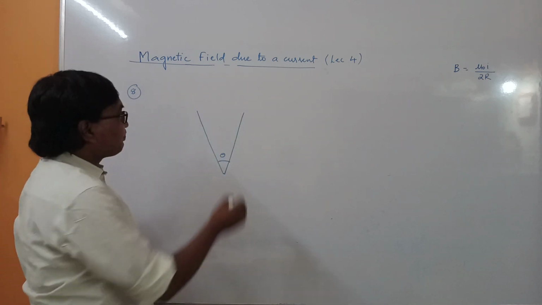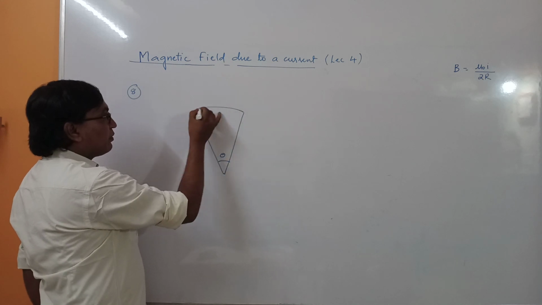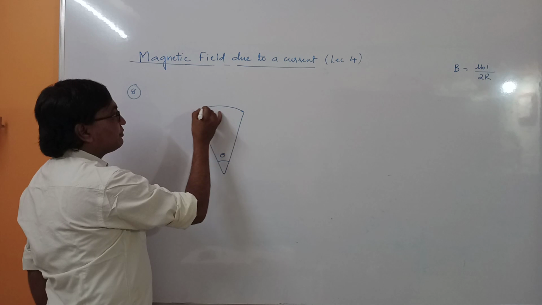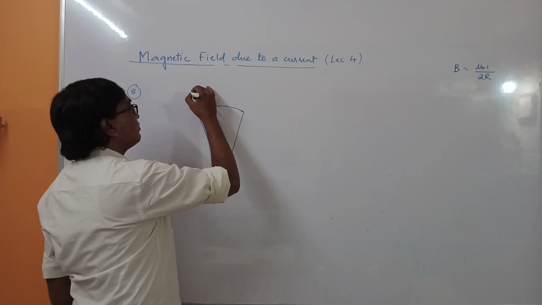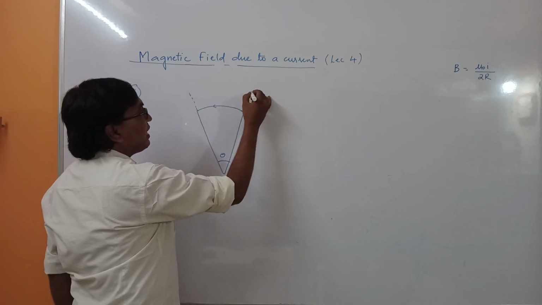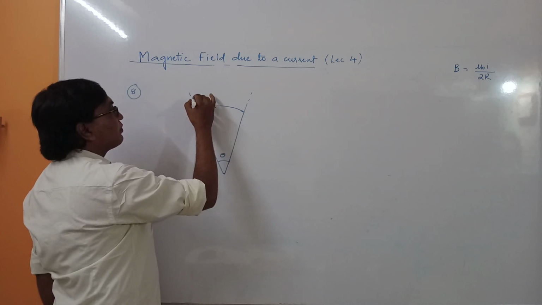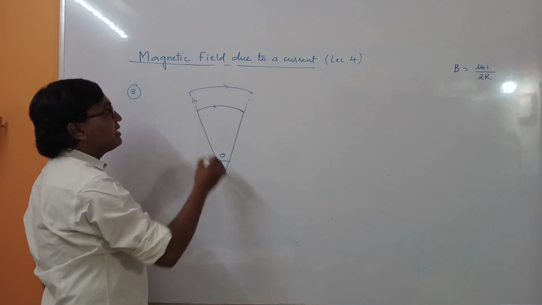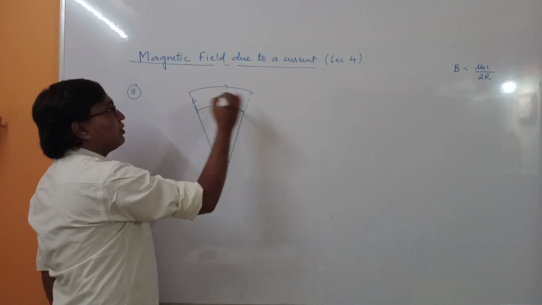This is circular. Extend this part. Current is flowing like this, and it is flowing in this direction. Okay.